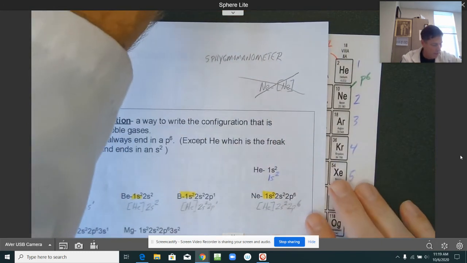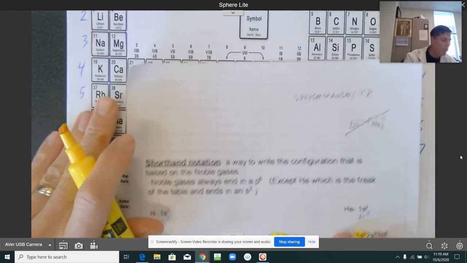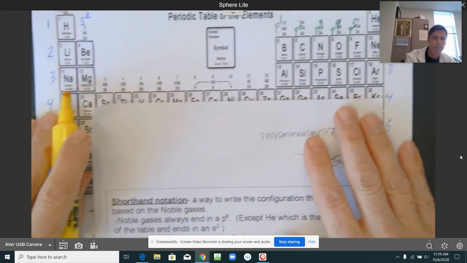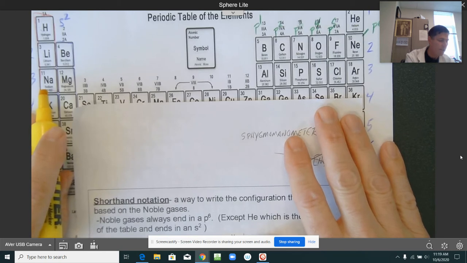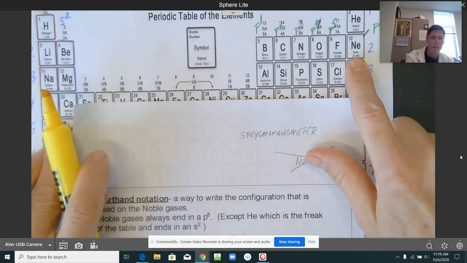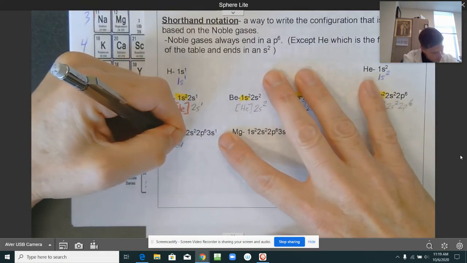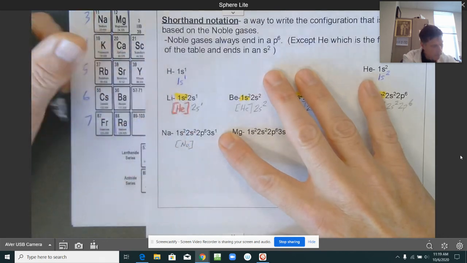Okay, hopefully that makes sense. Now, here's where it actually starts saving us stuff. If we look, sodium's right here. If I want to find the last noble gas, I go up one all the way to the end. So now it's neon. So now I can put Ne in brackets.